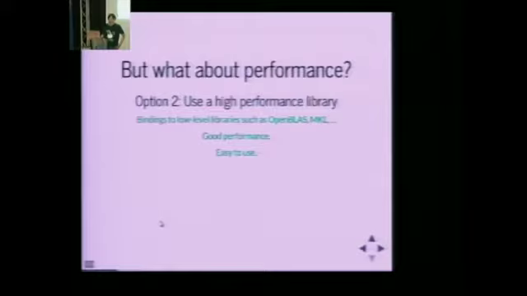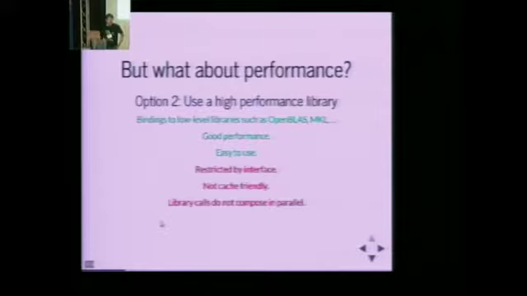They have good performance for each function call, and because the API is well specified, they're fairly easy to use. However, the API serves both as a good way to discipline your program and also as a barrier. You cannot go beyond what the API provides.